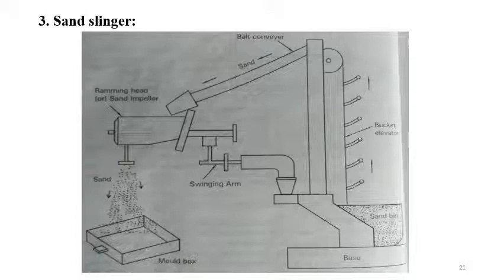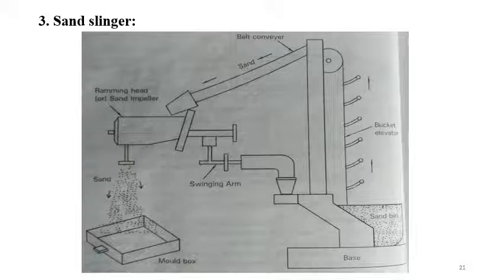This one is a ramming head. This ramming head is controlled with the help of a swinging arm. It is movable through 360 degrees. You can see the swing arm is there. Inside the ramming head, the impeller increases the velocity and pressure of the sand particles falling down.